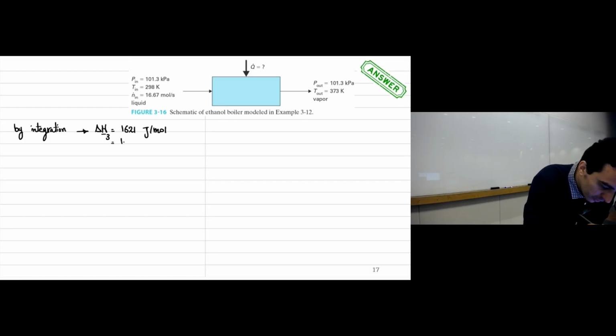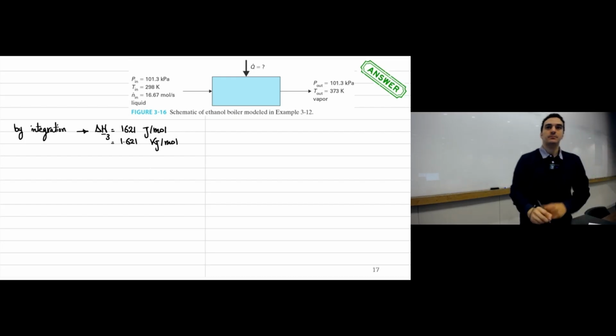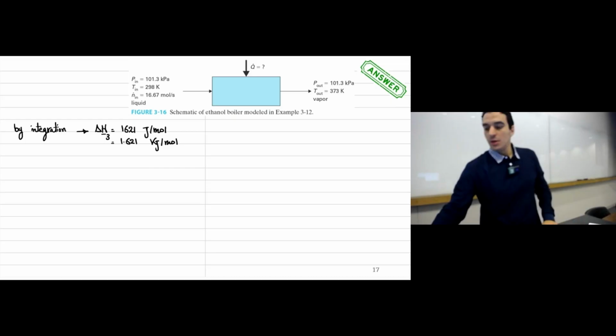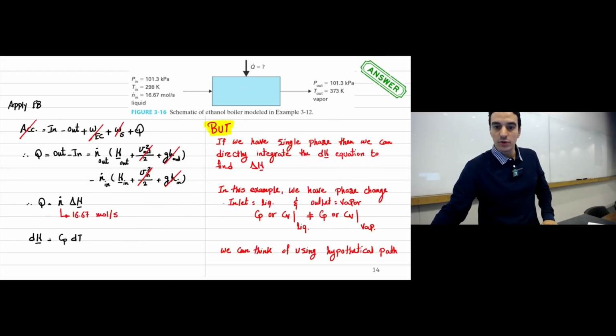If we divide by 1000, it will be 1.621 kilojoule per mole. Is it clear? So now if we recall the energy balance equation, Q is N dot delta H.